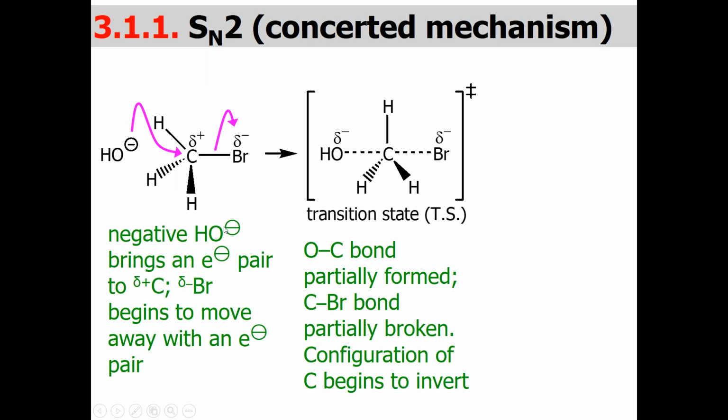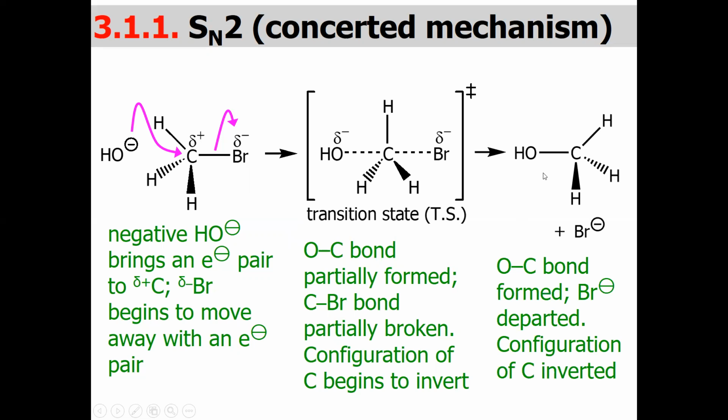If it is a chiral molecule, we already know that we have the R or S configuration. This stereochemistry will be changed. We will discuss some examples in the next slides. Now see, ultimately the O–C bond is formed and the halogen has departed, and the configuration of the whole compound is inverted. This inversion depends on having a chiral molecule. Keep in mind, if we do not have a chiral molecule, stereochemistry cannot be changed.